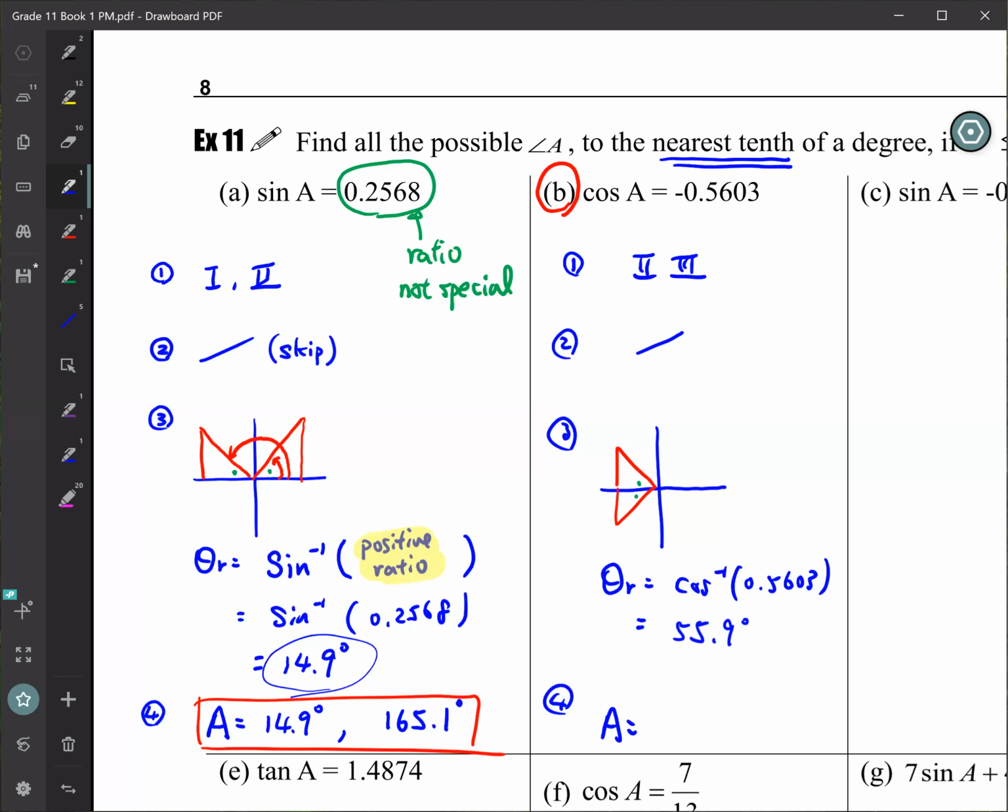Okay, next one. Now we need to get the 2 answers. Xiaowen, what's the first answer? 124.1 degrees. Okay, very good. And Colin, what's the last one?